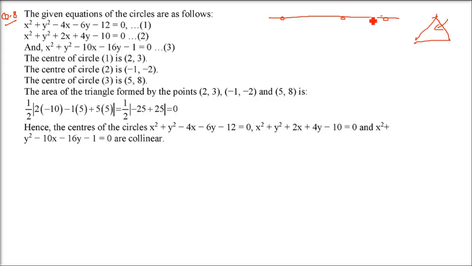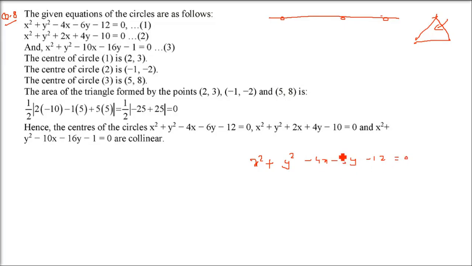For that we need to have a point, and it is being said here that the centers are collinear. So you will take all these 3 and try to find the center. I'll tell you one of these: x square plus y square minus 4x minus 6y minus 12 equals 0.